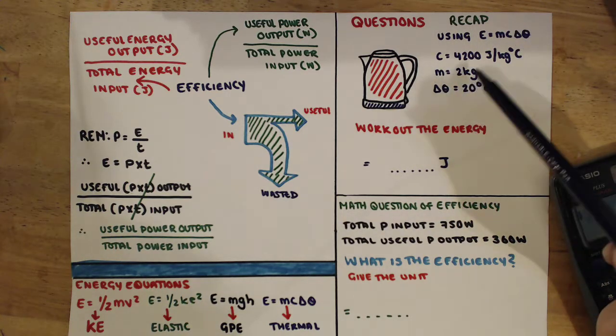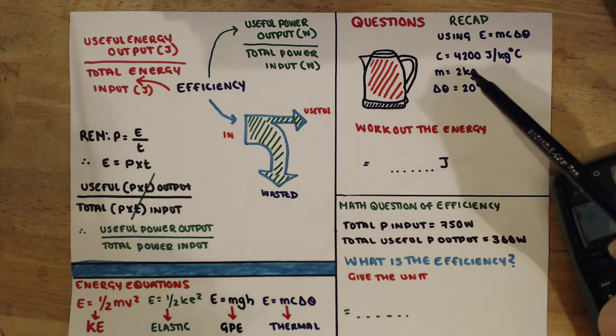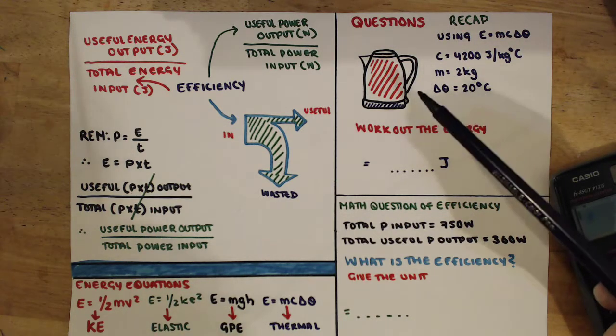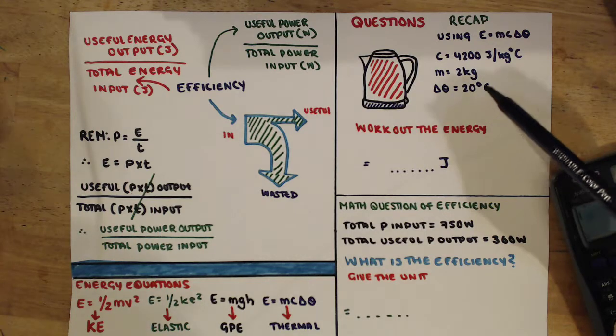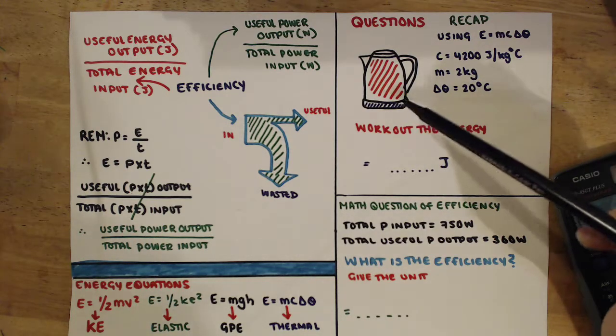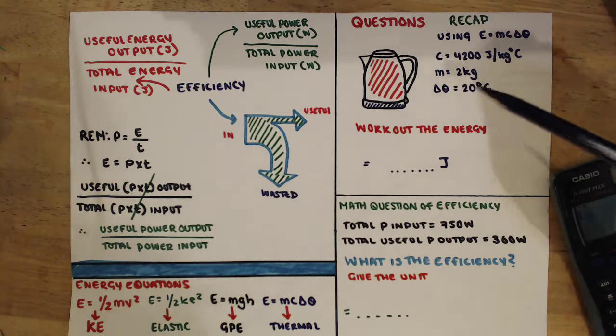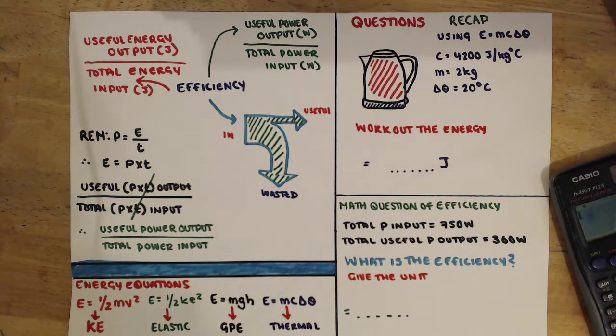We know that the mass of the water is 2 kilograms. And we know that the change in temperature is 20 degrees Celsius. So you switch the kettle on, and try and work out the energy using this.